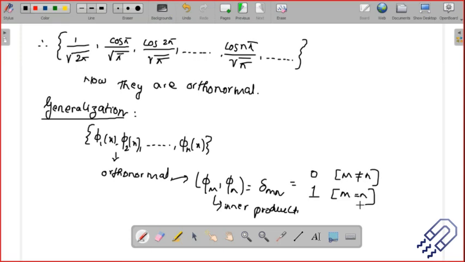So this is the condition that you might have seen a number of times. Then when we do a problem practically and write it down in the form of an inner product, we are going to prove it in this way.